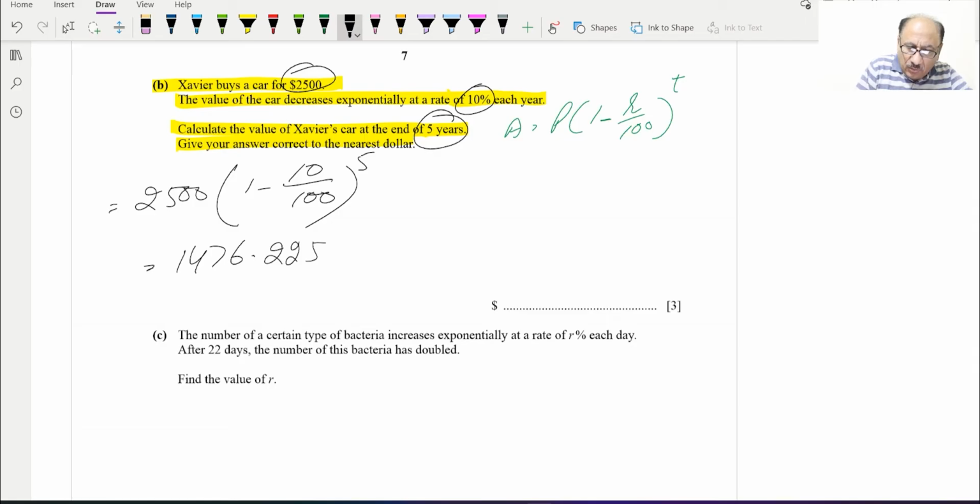They are saying nearest dollar, so we round this, approximately $1476. So 1476 will be our answer for 3 marks.